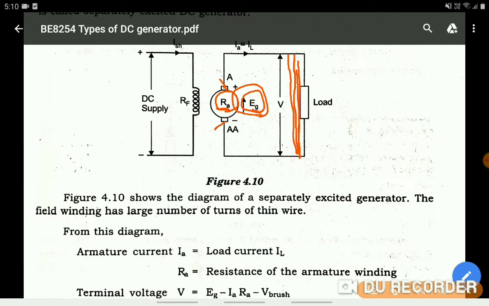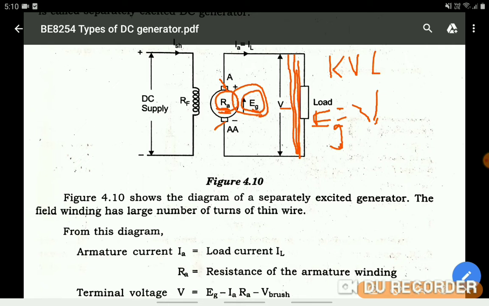So according to Kirchhoff's voltage law, we can write EG, the potential rise, is equal to the potential drops. First, the big, huge potential drop is on the load side, V, which we name the terminal voltage V, so I am using the same notation V. And where are all the other drops?